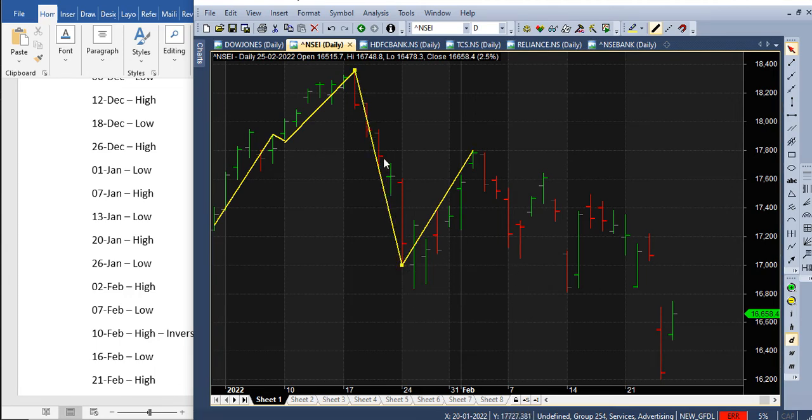This looks much better. See how it is taking support, and on this trend line is taking resistance all the way through. So sometimes you have to move your trend line a little bit, a day before or day after.